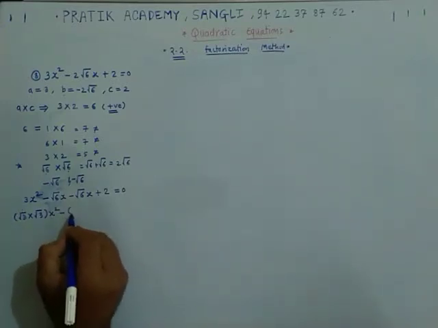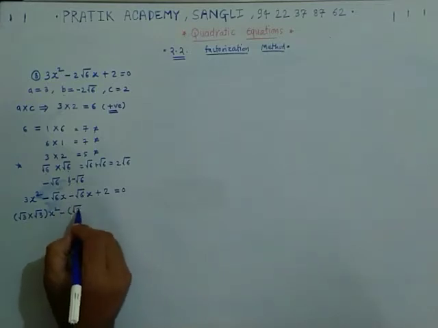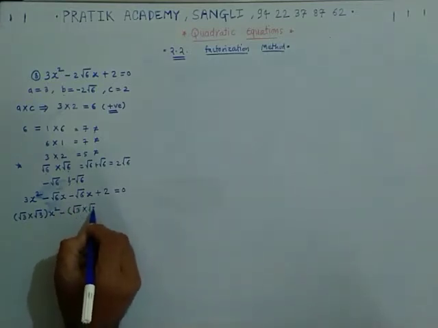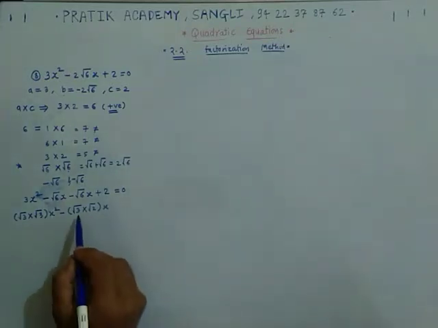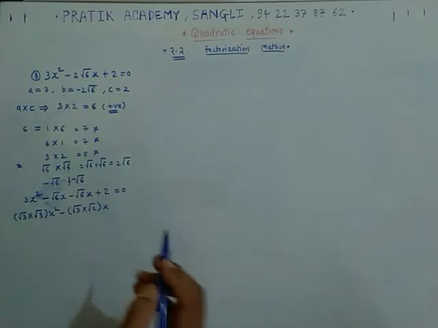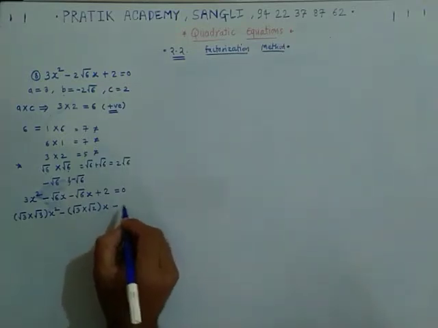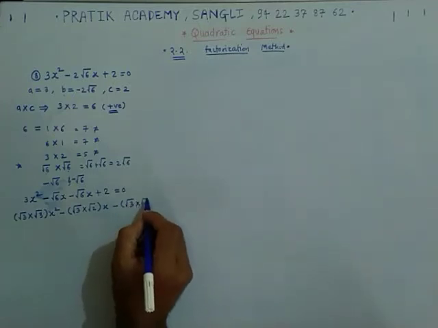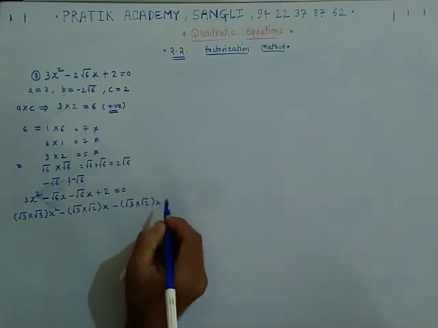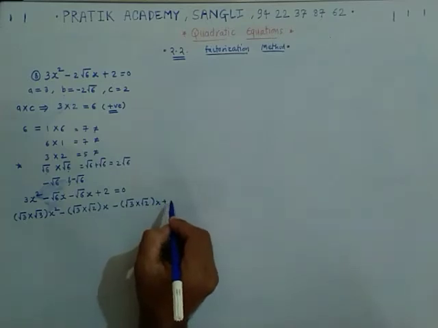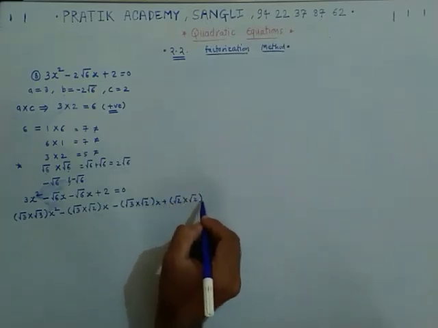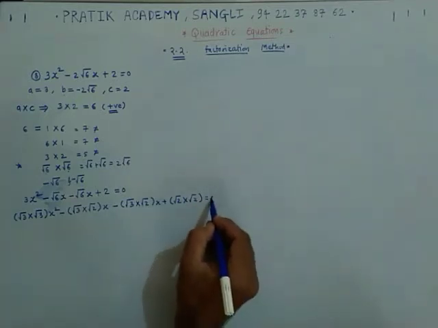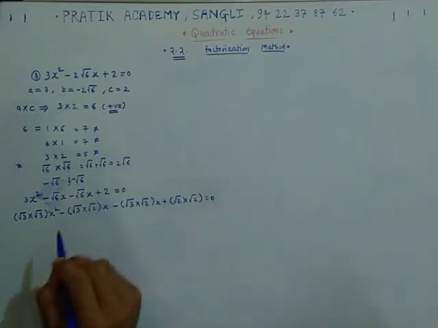Now for root 6 I can write root 3 into root 2, because 3 into 2 is 6. Minus, for this again I will write root 3 into root 2 x, plus for 2 I can write root 2 into root 2 is equal to 0. Root 2 into root 2 is 2.